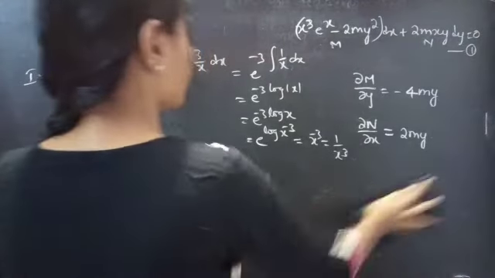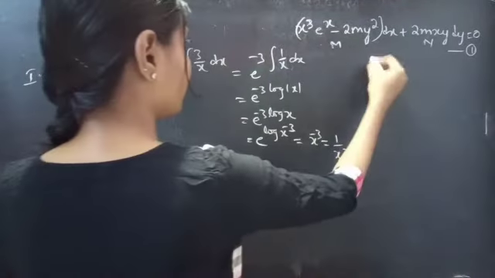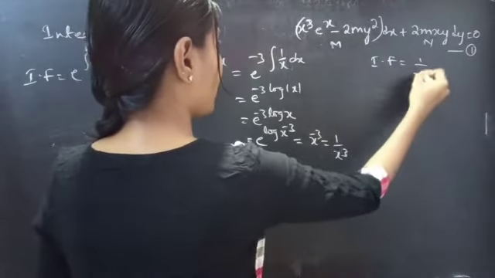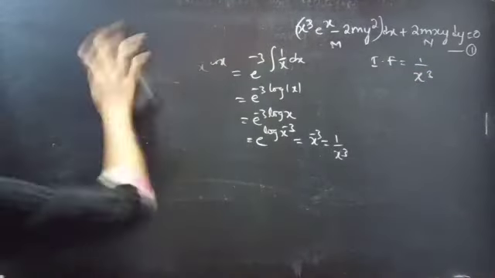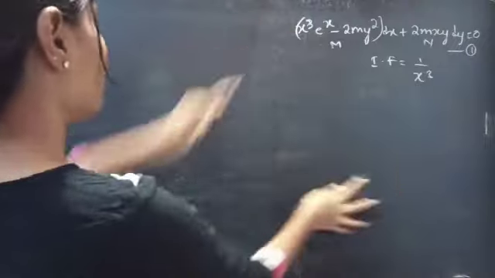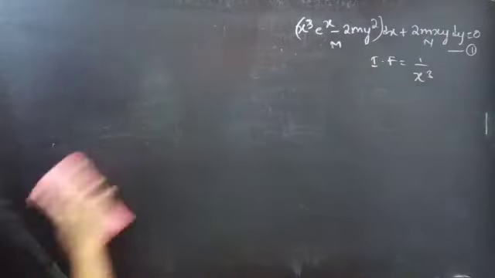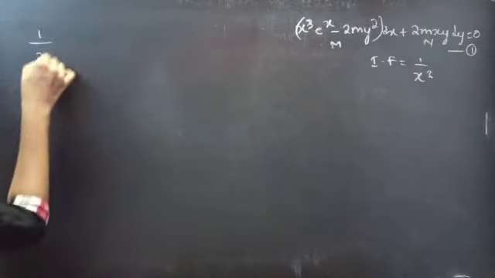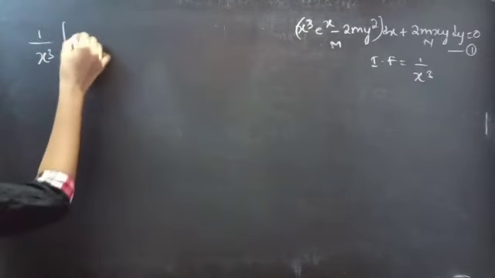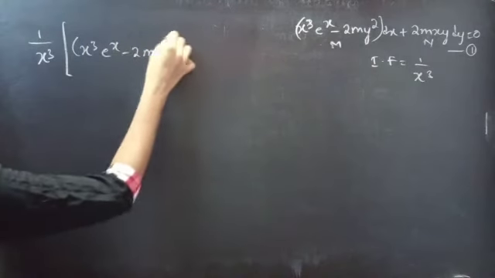Fine. Now we are having integrating factor 1 by x cube. So by multiplying the integrating factor to the given equation, it can be reduced to an exact equation. Now we need to multiply the integrating factor to the given equation. 1 by x cube times the given equation gives an exact equation.